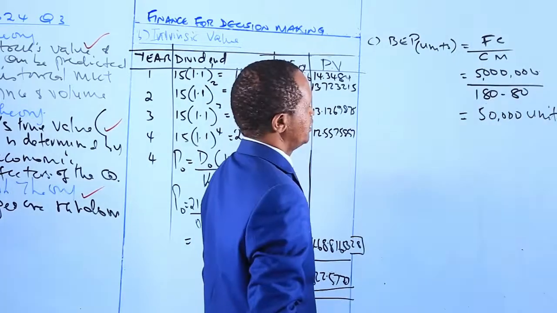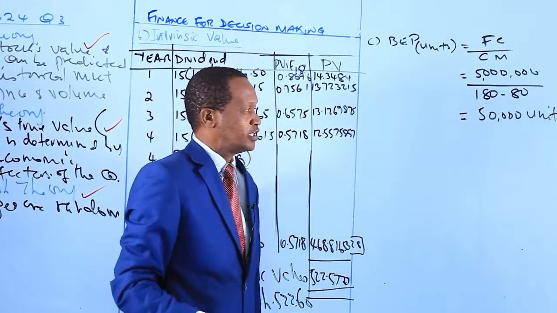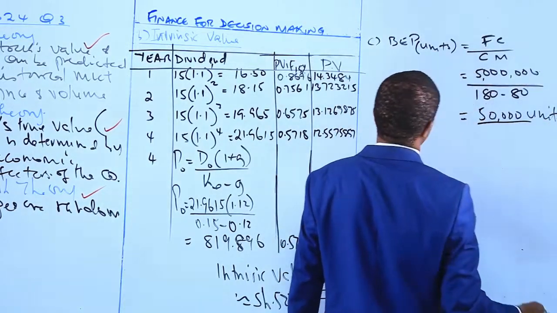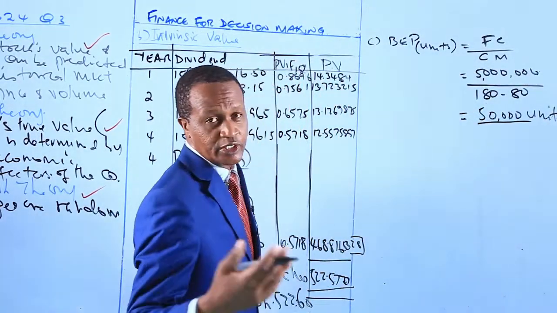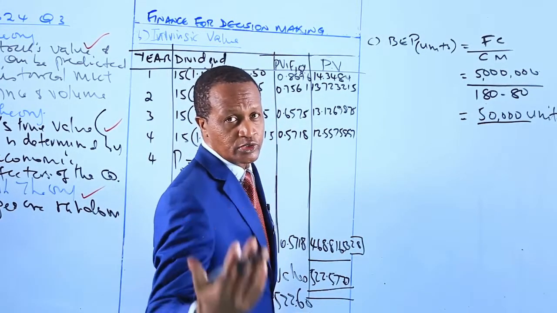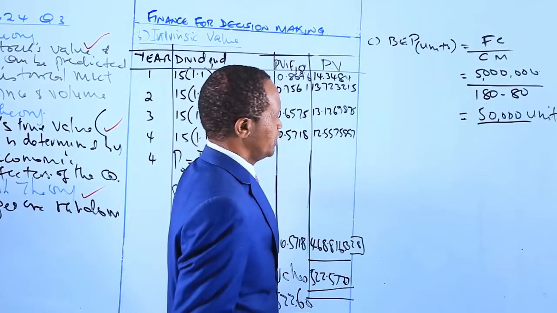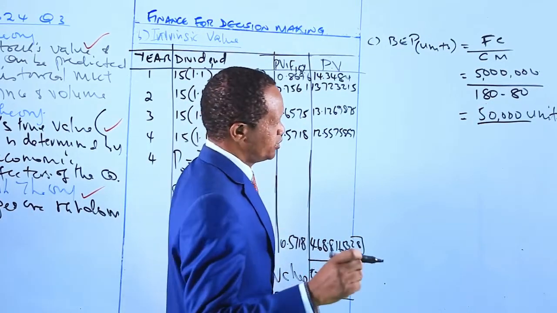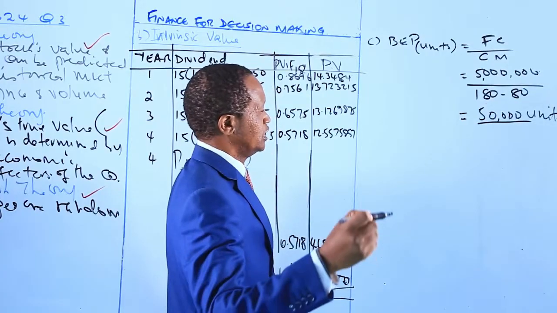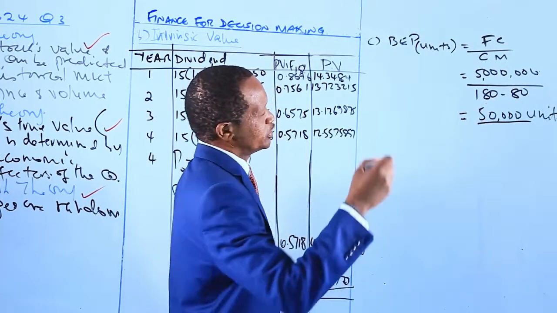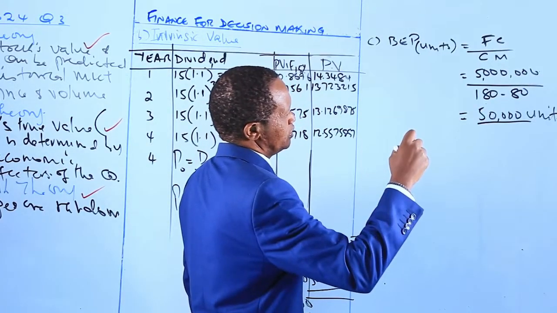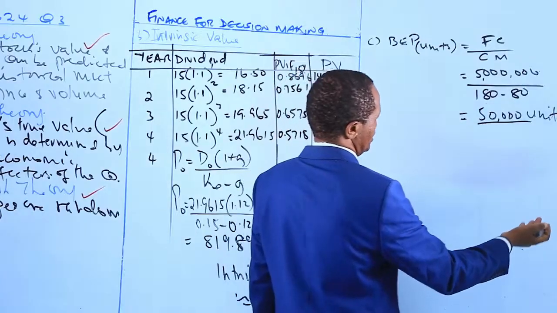Now this is the break-even point in units. That means that if the company is to produce 50,000 units, the company will not make any profit, because at break-even point, profit is equal to 0, which means that the total cost equals the total revenue. We know profit is equal to total revenue minus total cost.